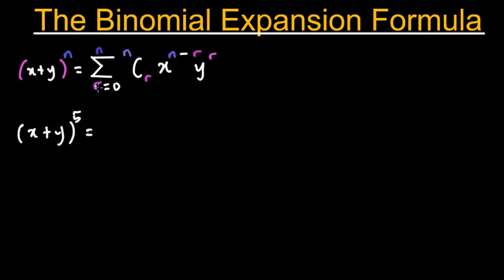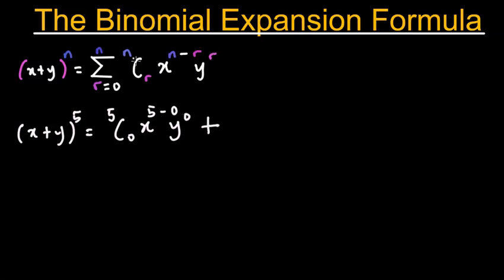As I said, we're starting from 0 and ending at the number of terms, which is 5. So n combination r will be 5 combination 0. The first variable x to the power of n minus r, which will be 5 minus 0. Then the second variable y to the power of r, which is 0.